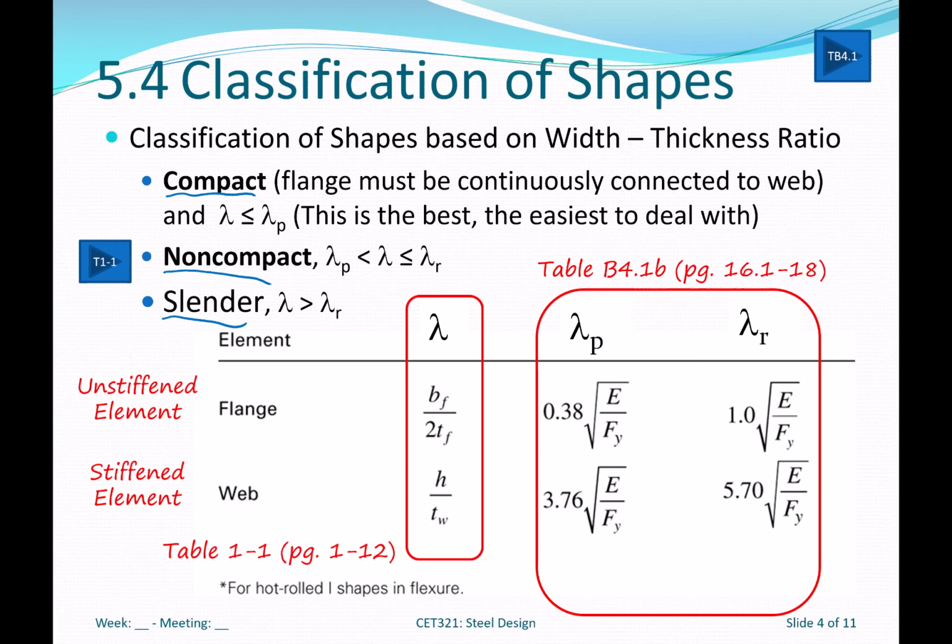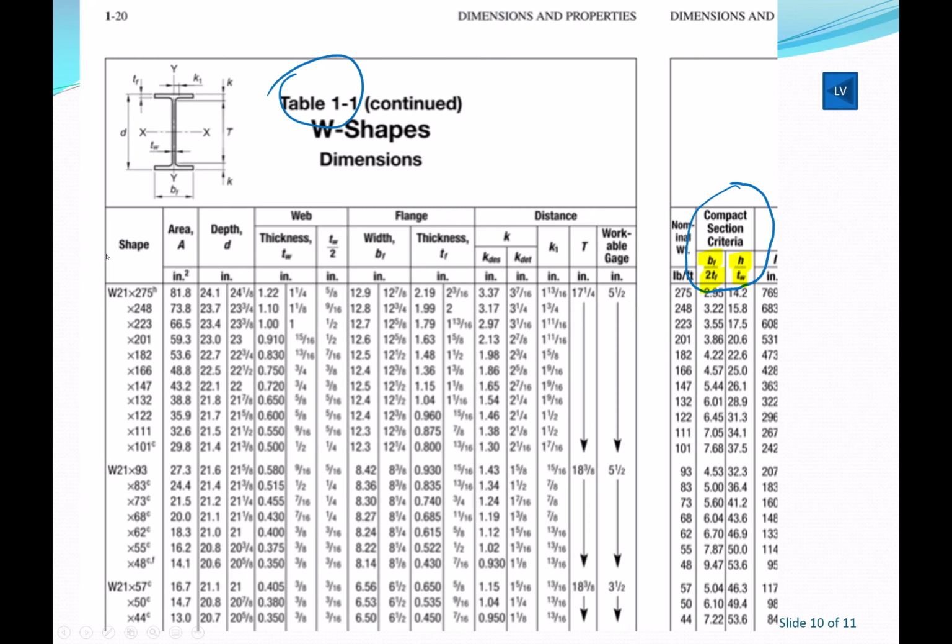Then Table 1.1, again, we can get the b sub f over 2t sub f from these values, from this column in the tables.